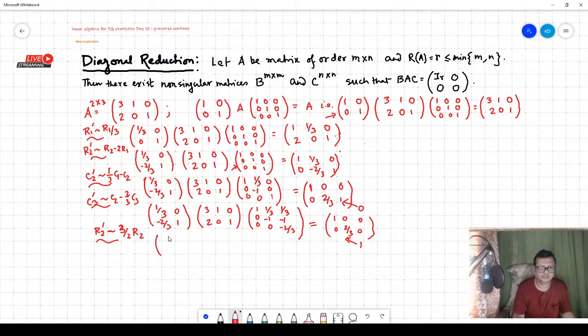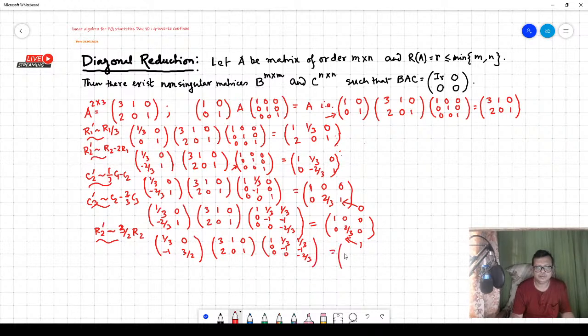So this means 1/3 0 minus 1, 3 by 2, 3 2 1 0 0 1, 1 0 0 1/3 minus 1 0 1/3 minus 1 minus 2/3, equal to 1 0 0 0 1 0.